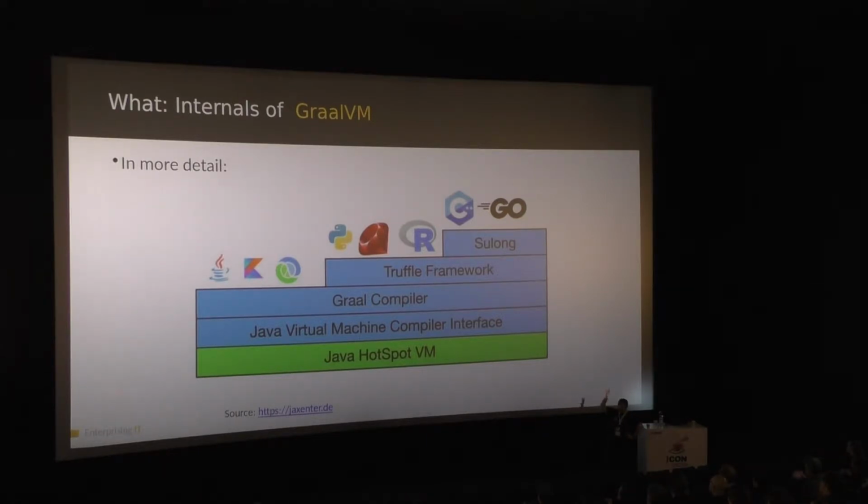On top of that, you have the Graal compiler, and this is somewhat special. The Graal compiler has certain optimizations compared to the OpenJDK. In particular, they say they optimized streaming and stream operations. You'll see that in one of the benchmarks I wrote. On top of the Graal compiler, you have the Truffle framework.